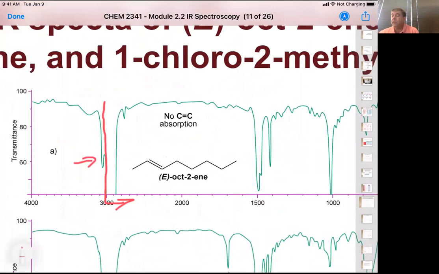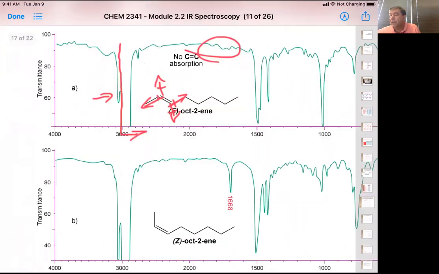Those are above 3000, but there's no carbon-carbon absorption at that 1600 space. The reason is that the net dipole on this structure basically cancels itself out. We have 2 carbons pulling equal and opposite each other, 2 hydrogens pulling equal and opposite each other, and that double bond is not polarized, so we don't see it. It's harder to see if the bond is not polarizable. That makes it harder to absorb.